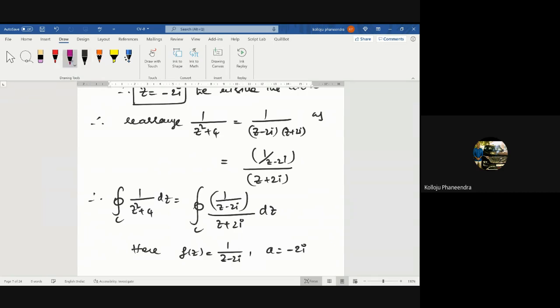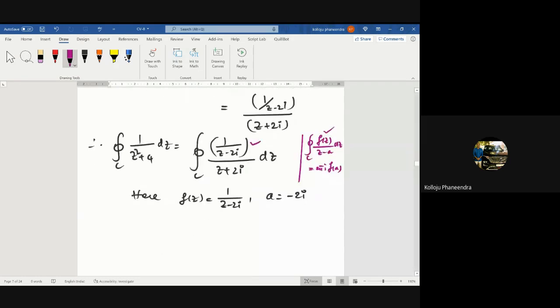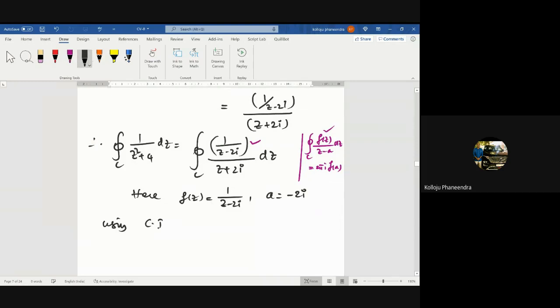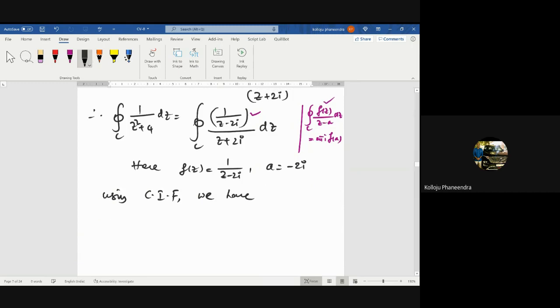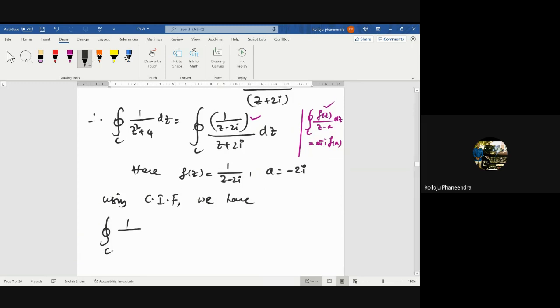Minus 2i. So, whenever you have any doubt, immediately you write this formula: integral equal to 2 pi i into f of a. So, this is my f of z and a value is minus 2i. Okay. Using Cauchy integral formula, we have integral over C of 1 by z square plus 4 dz is equal to 2 pi i into f of how much?